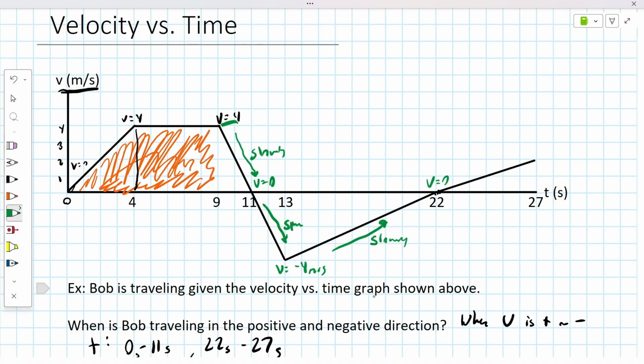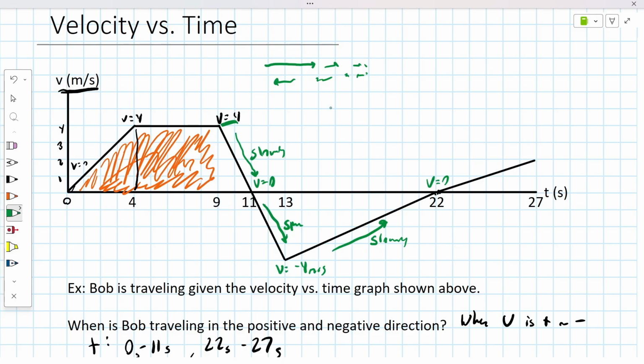And so you can think about it like you have a car that's going in the negative direction, or actually to make this work for this graph, for this point right here, the car is going in the positive direction, but it's slowing down. So it gets slower and slower until it stops, and then starts speeding back up in the opposite direction. So only from 9 to 11 and from 13 to 22 is it slowing down.